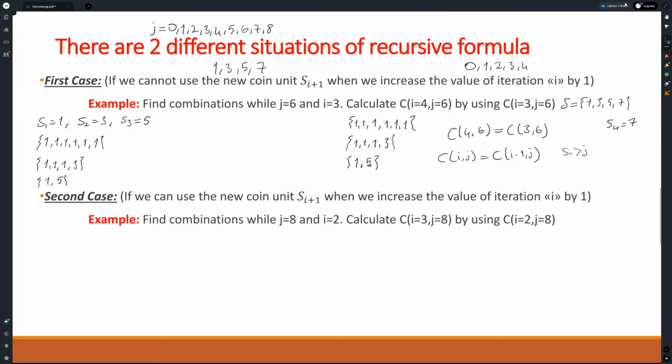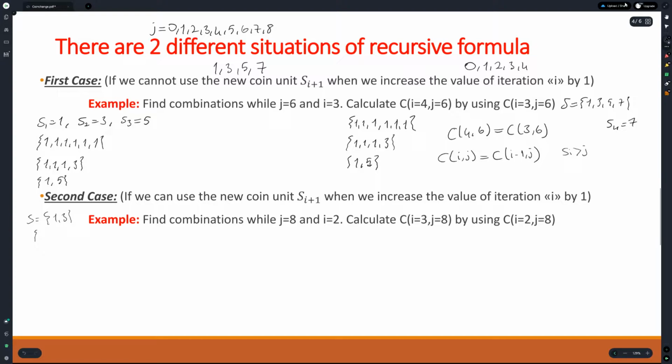Let's look at the second case example. Find the combinations while J is 8 and I is 2. Since I is 2, our coins are 1 and 3.